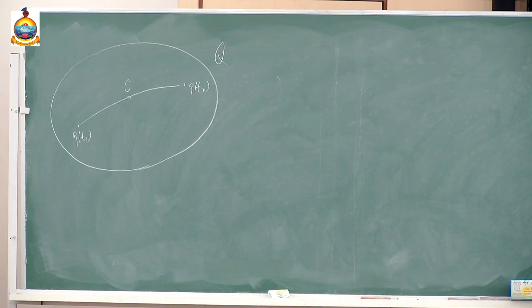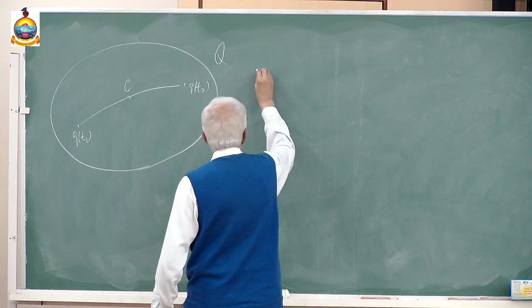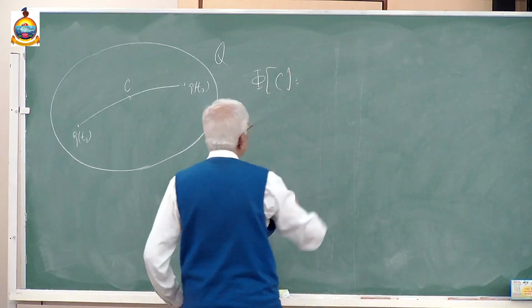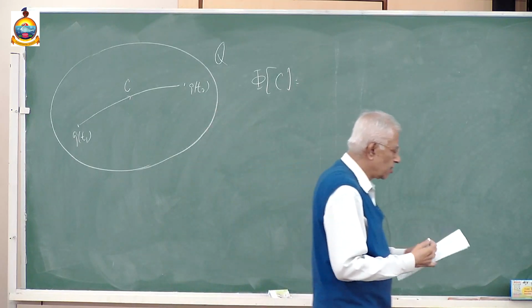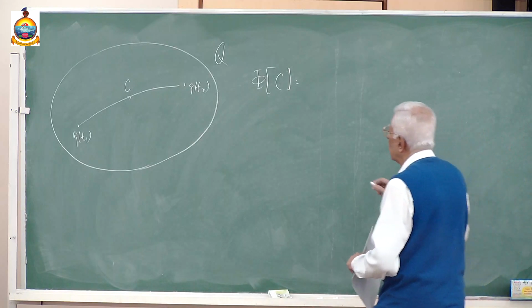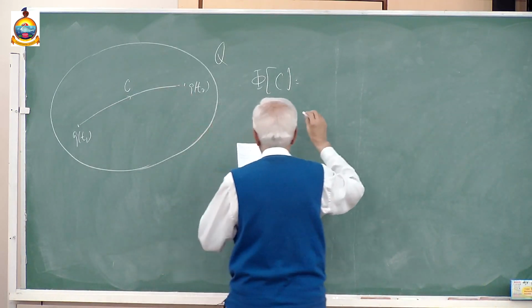What we do is, given any C, we define something called the action for that path. It is called a functional, not a function, because it depends on an entire curve.